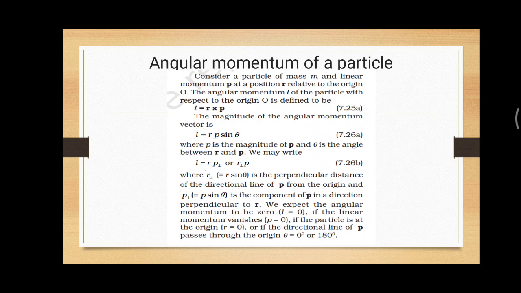It can be in the same direction or in the opposite direction. Theta is the angle between the position vector and the linear momentum. If the linear momentum and the position vector are both in the same direction, then the angular momentum will be 0. If both are in the opposite direction, then again the angular momentum will be 0.